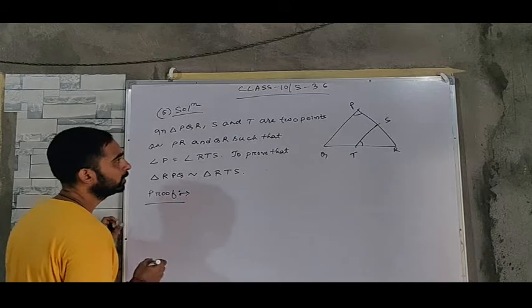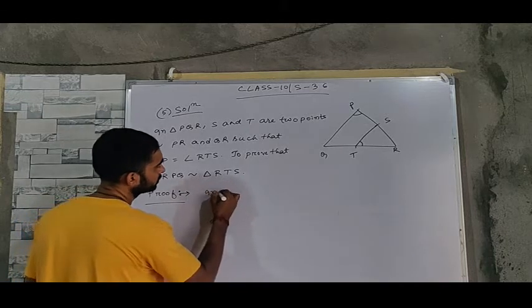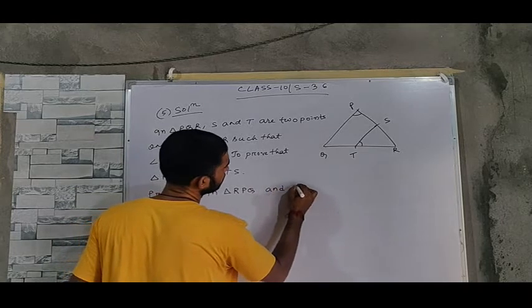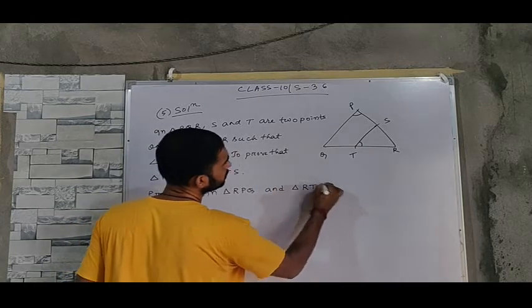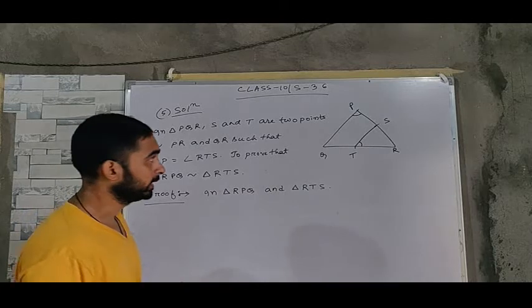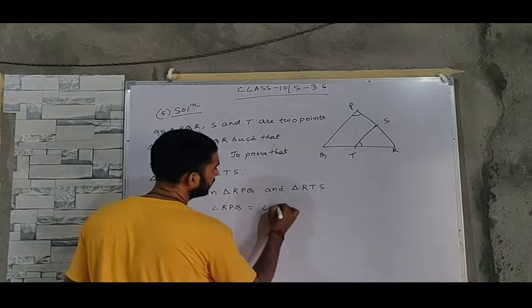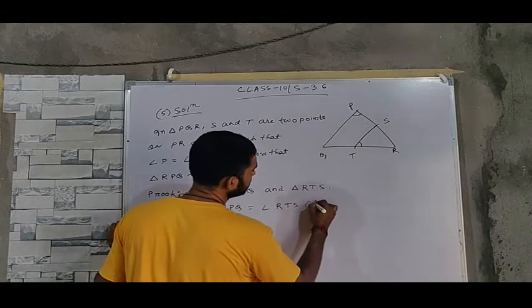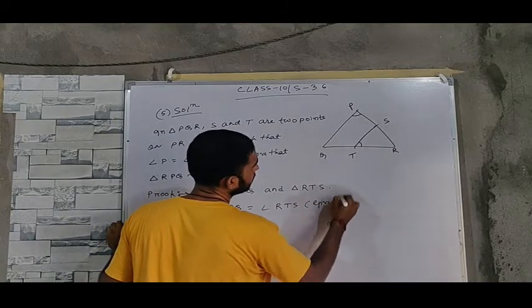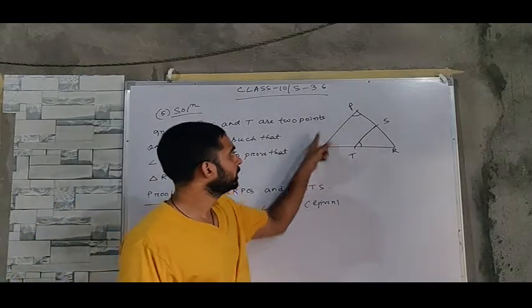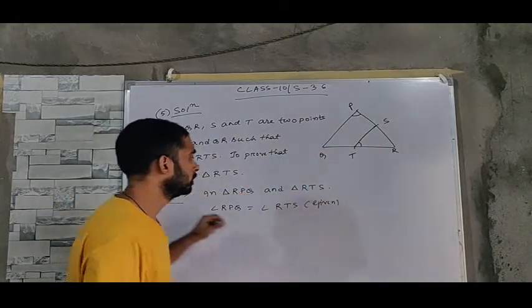In triangles RPQ and RTS, see, angle RPQ equal to angle RTS, which is given. These two angles are given. Now in both the triangles, angle R is common.